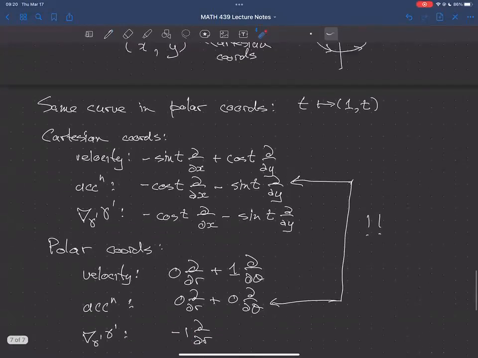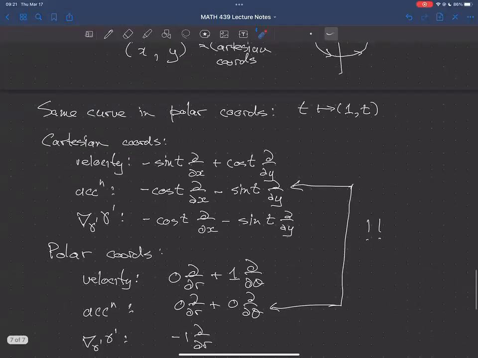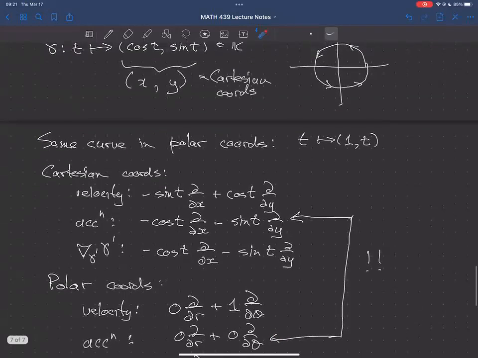Now let me look at these quantities. Sorry, I'll be one more minute. Let's look at these quantities depicted on our picture up here. So the position is fine. That's obviously independent of coordinates. It just gives me the position along the curve.